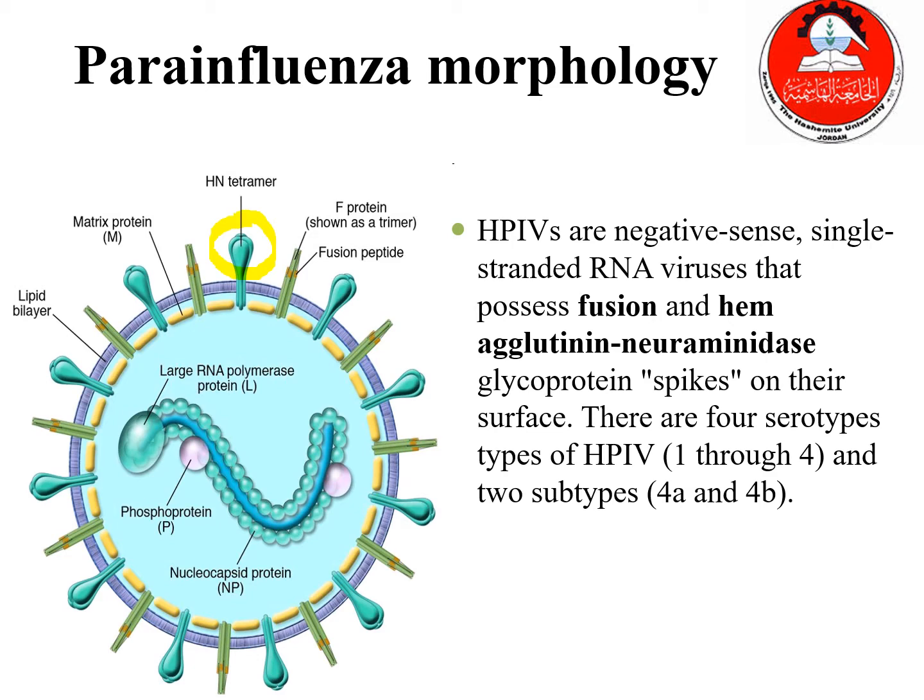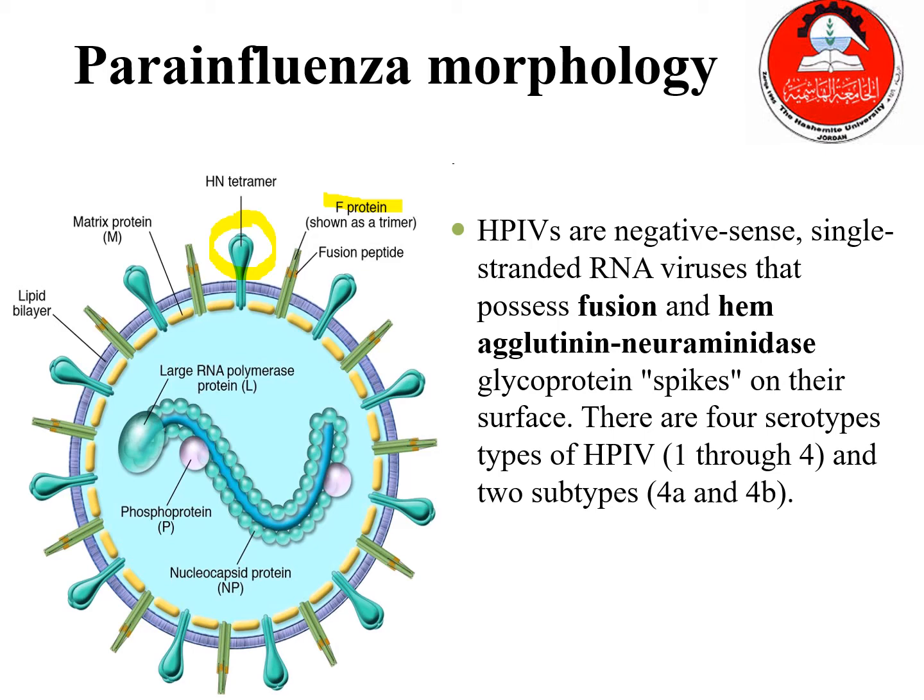It's called hemagglutinin neuraminidase, and it plays a role in attachment and internalization of the virus into the target cell. We have also the F protein, or the fusion protein, as well, which plays a role in the fusion of the viral and cellular membranes together and in syncytia formations.